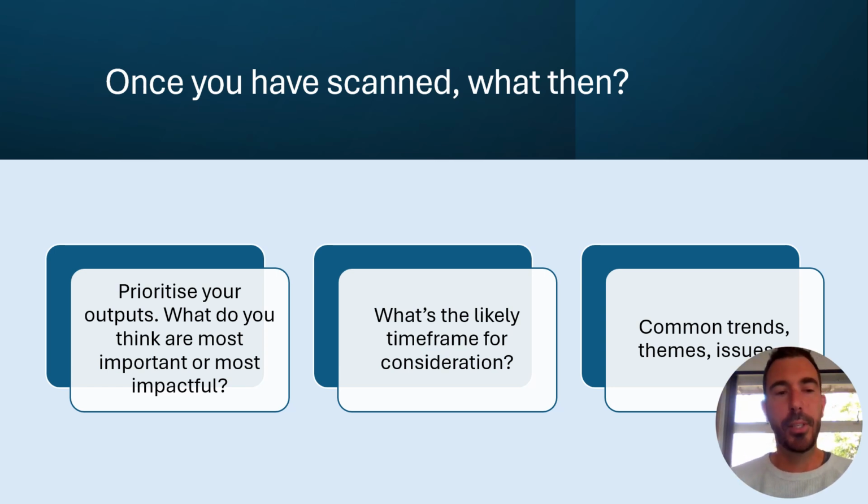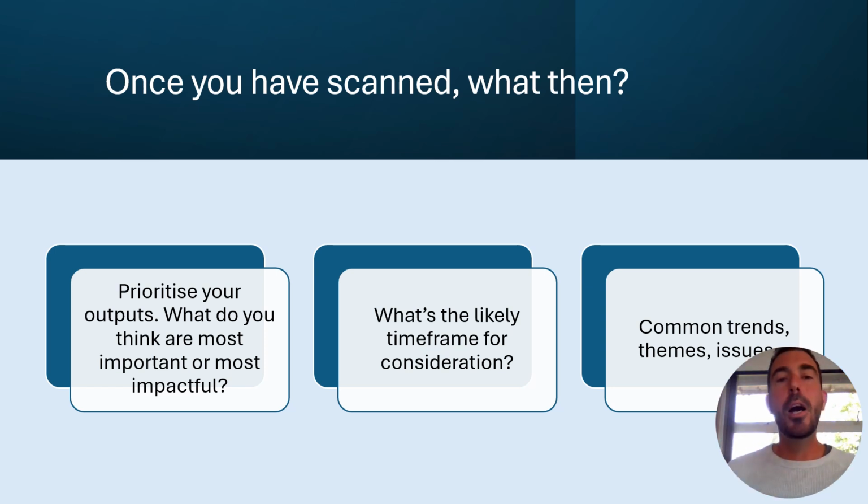And once you have scanned, try to then prioritize your outputs. Group them based on similarity, your challenges, your opportunities, your potential threats, potential weaknesses, potential successes. What do you think is most important or most impactful from the sources you have scanned?